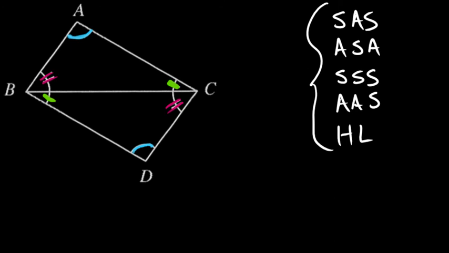So we need a side, and because we have this shared side, we can see that BC is congruent to itself because of the reflexive property.